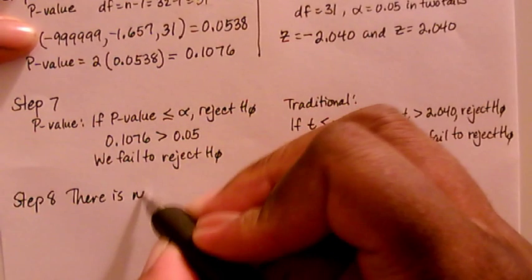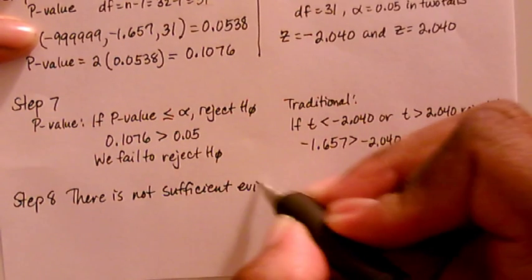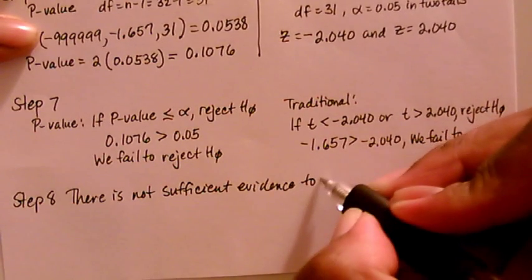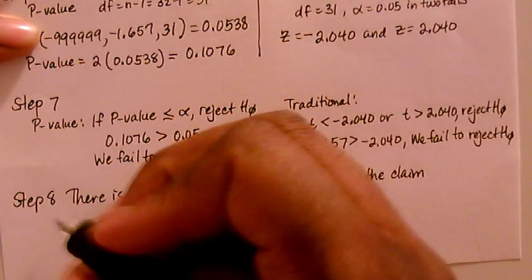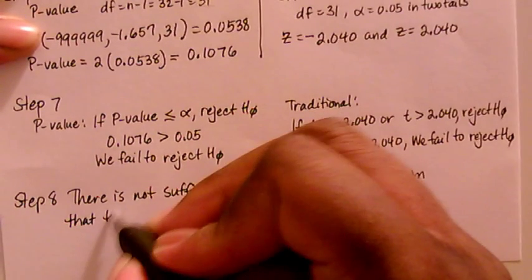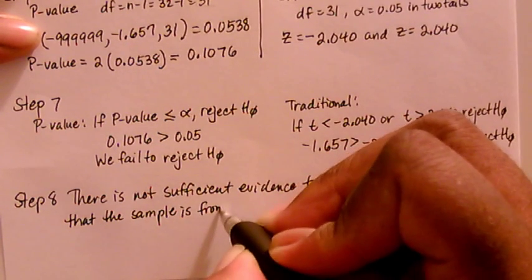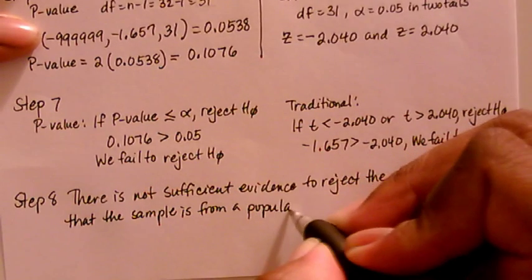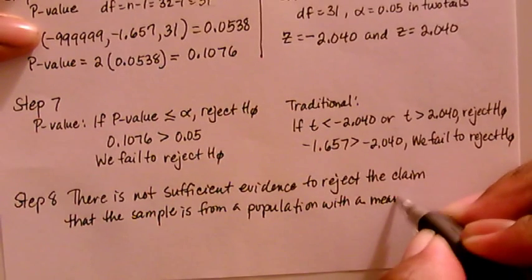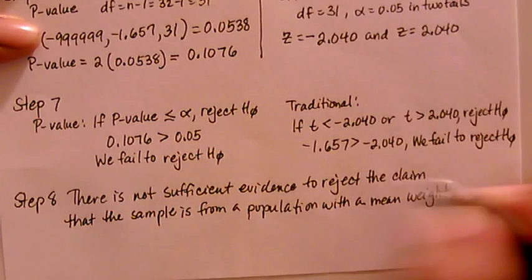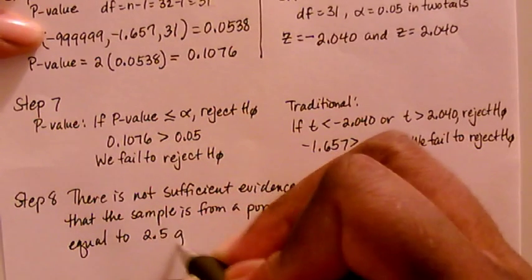There is not sufficient evidence to reject the claim that the sample is from a population with a mean weight equal to 2.5 grams.